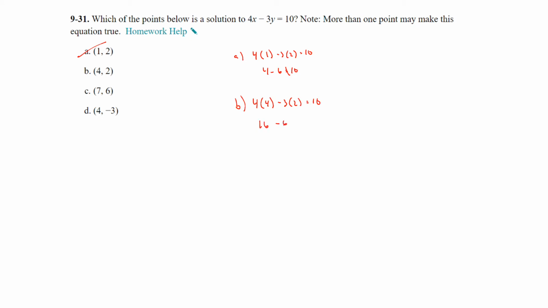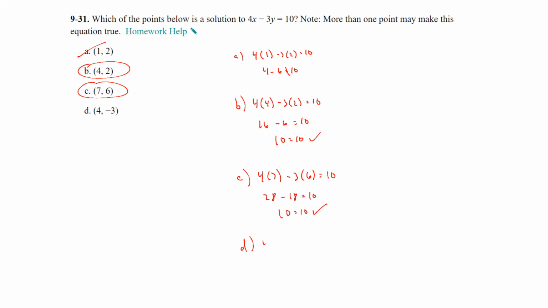That's 16 minus 6, and 16 minus 6 is 10, so that one does work. On C, we have (7, 6), so 4 times 7 minus 3 times 6 is equal to 10. That's 28 minus 18, and 28 minus 18 is equal to 10. So B and C are both solutions so far.